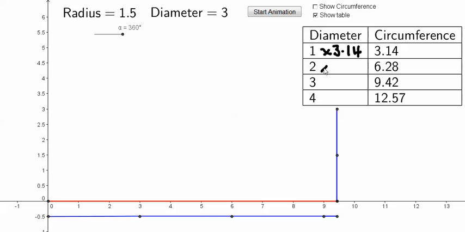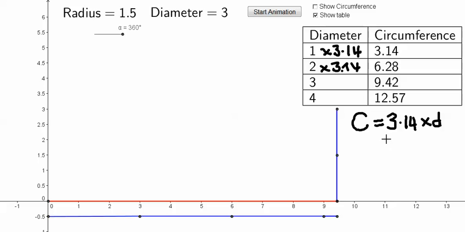Take a diameter of 2, multiply it by 3.14, and again you get the circumference, 6.28. So let's try and put a dot there. There we go. So it seems as though we can write a formula down that the circumference of a circle, C, is equal to 3.14 multiplied by the diameter.